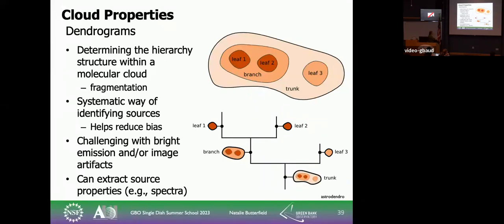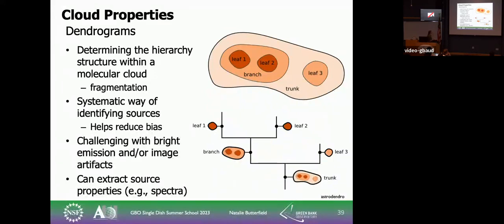You can see that you have your larger cloud here, maybe some clumps that are associated with your larger cloud, and then compact structures within your cloud. So you're identifying these substructures within your cloud by doing this hierarchy finding algorithm.